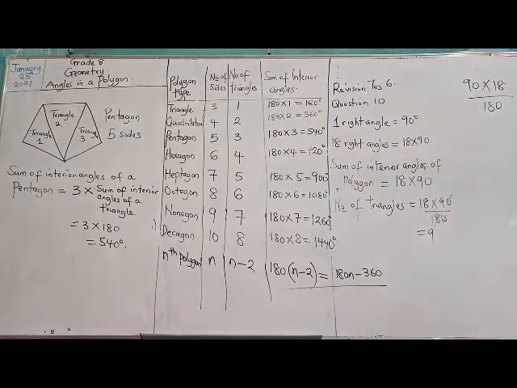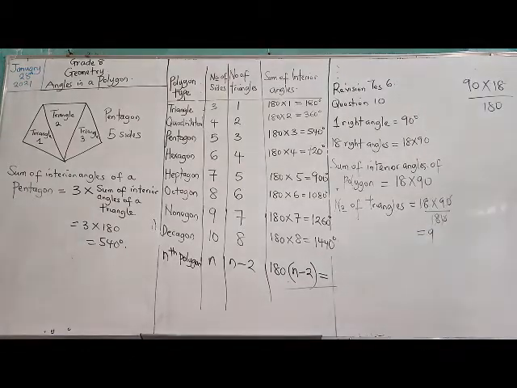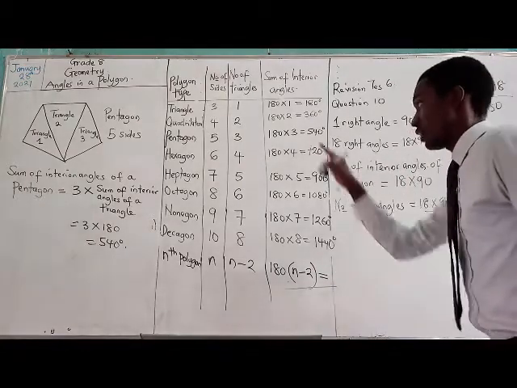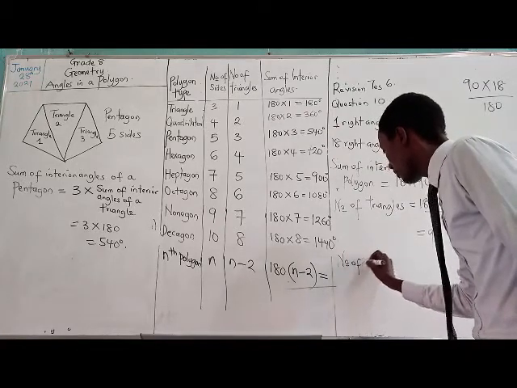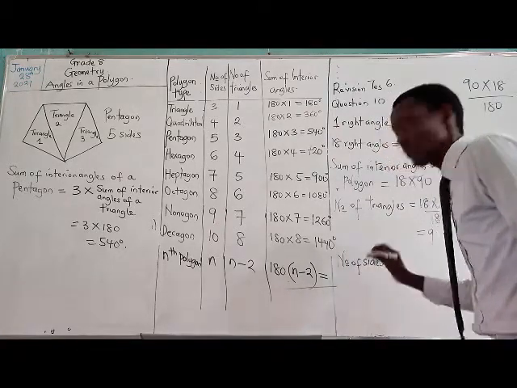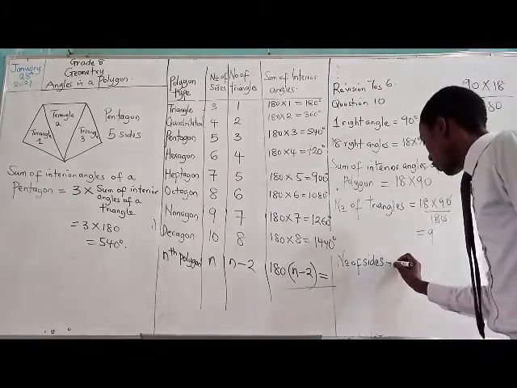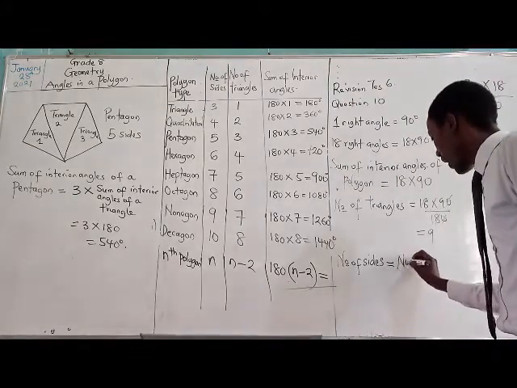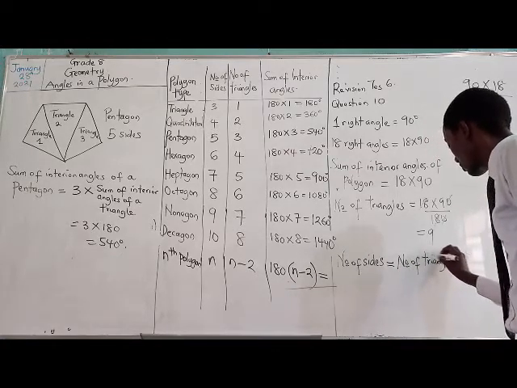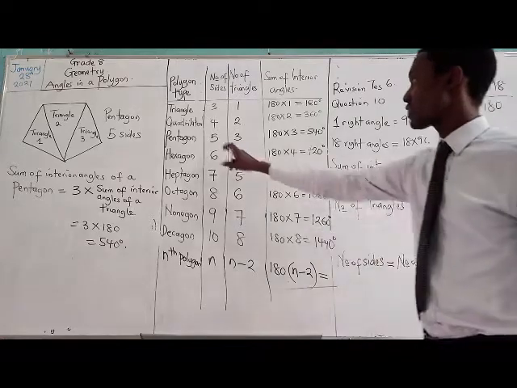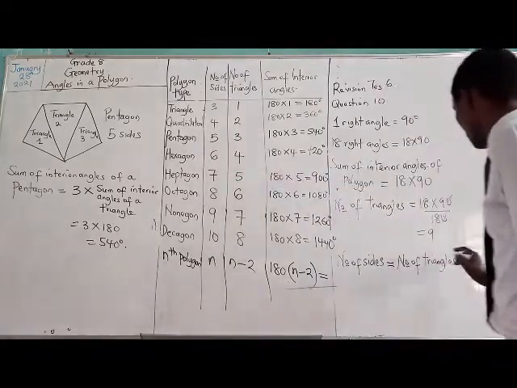But recall something very important, that the number of sides is equal to the number of triangles plus 2.